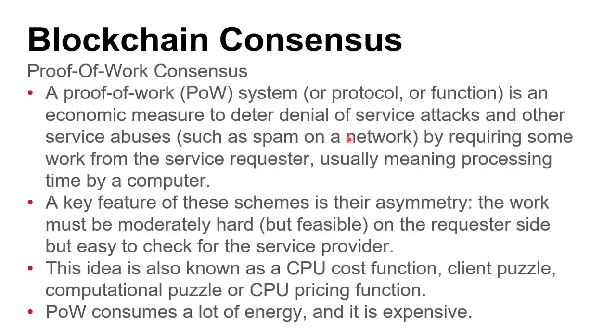The work must be moderately hard on the requester side, but easy to check for the service provider. The idea is also known as the CPU cost function, client puzzle, computational puzzle, or CPU pricing function. Either way, the proof of work consumes a lot of energy, and it's very expensive and quite time consuming.